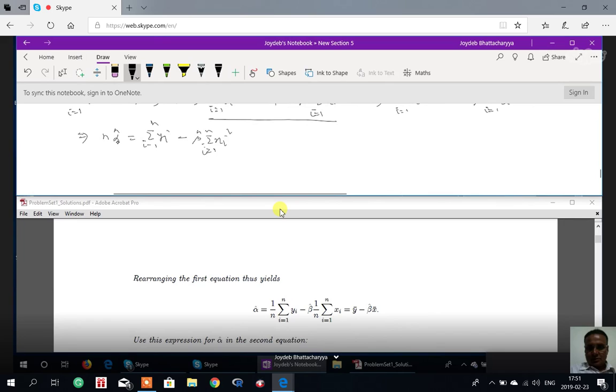So this one, and then if you divide it by n, you get alpha hat free. On the left hand side you get alpha hat totally free. So alpha hat is coming as an estimate of alpha, which is actually 1 by n summation yi, i running from 1 to n, minus beta hat into 1 by n summation xi.